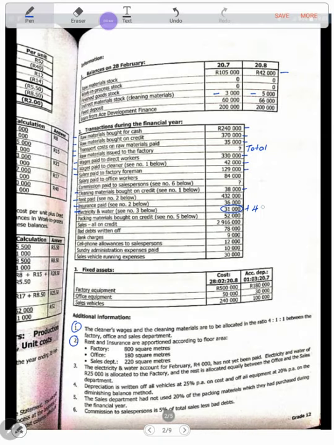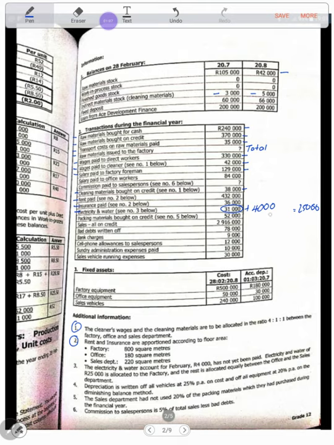I'm going to be adding the 4,000 Rand. And then they're saying that electricity and water for the factory is 25,000 Rand. Alright. So the rest is obviously going to be divided according to the sales and the office.